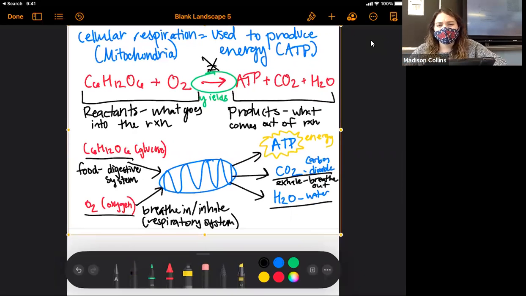And water. Now, this isn't a significant amount of water that we're talking about. It's not like our body is producing gallons of water every time it undergoes cellular respiration. In fact, it's just a really, really tiny amount. And that is going to be released through water vapor. You might notice that anytime you breathe into a window, it might fog up.